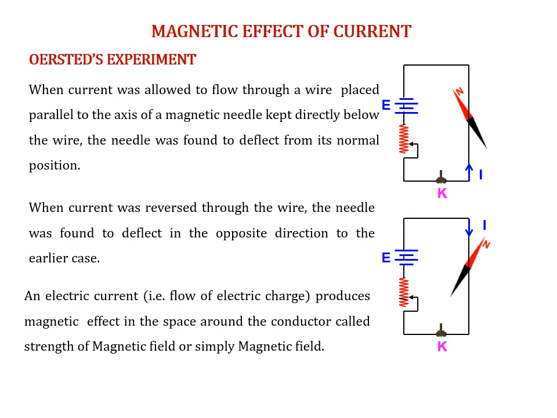Greater the current flowing through the conductor, greater is the deflection of the compass needle, and hence we can say the magnitude of magnetic field depends upon the magnitude of current and the direction of magnetic field depends upon the direction of current through the conductor.